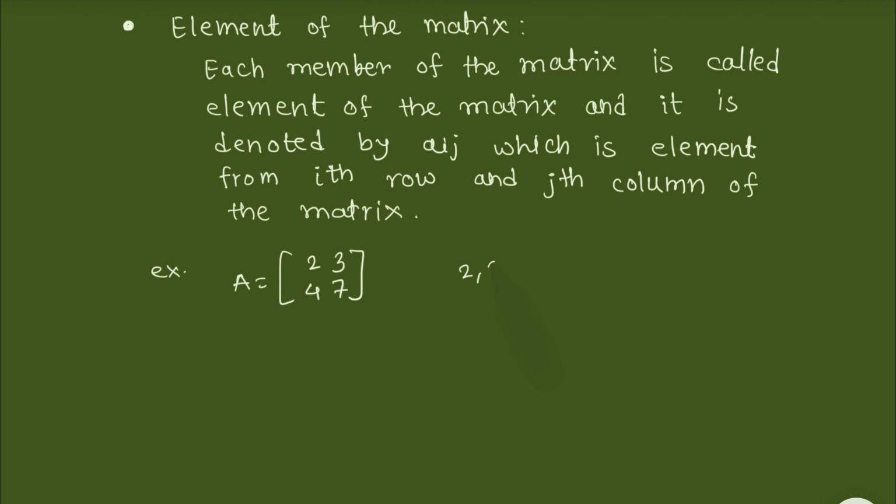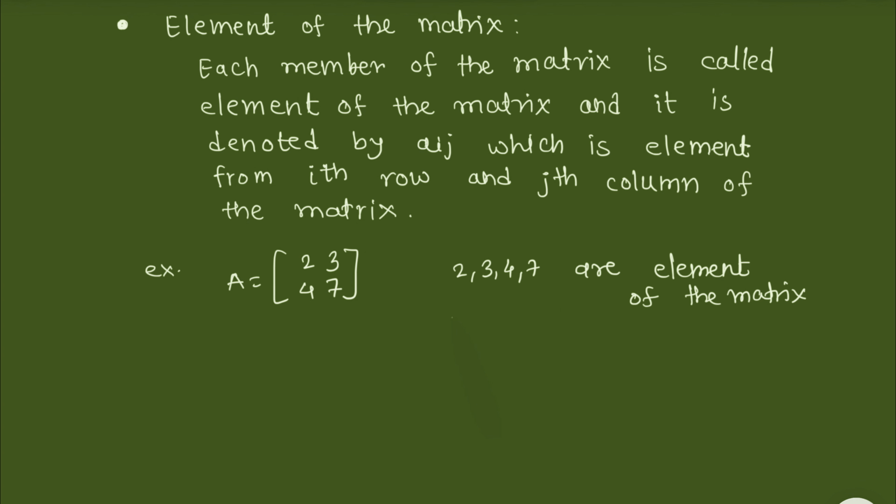Then 2, 3, 4, 7 are the elements of the matrix, where a11 is the element from the first row and first column, which is 2. a12 is the element from the first row and second column, which is 3. a21 is the element from the second row and first column, which is 4. a22 is the element from the second row and second column, which is 7.